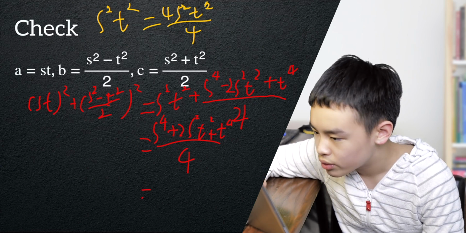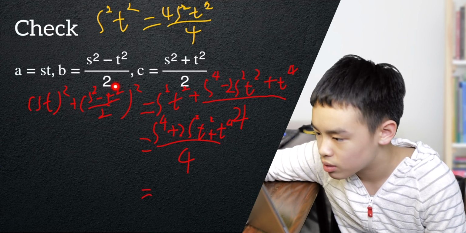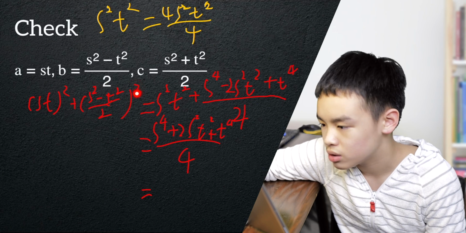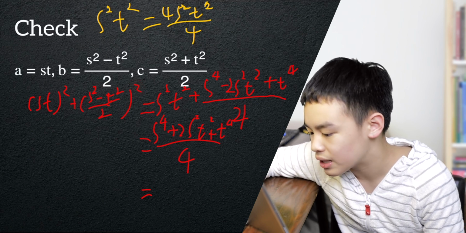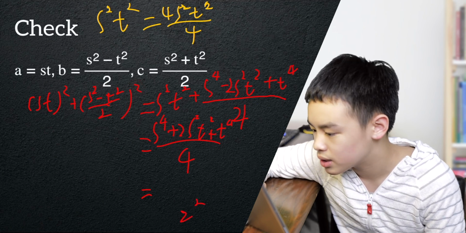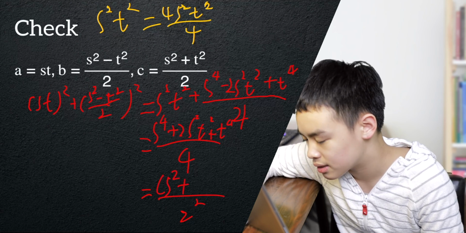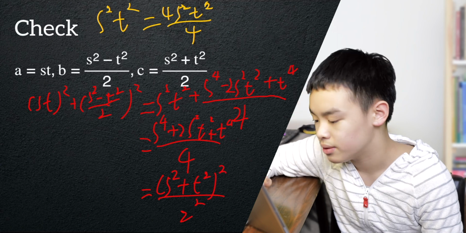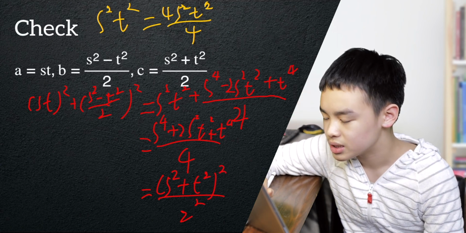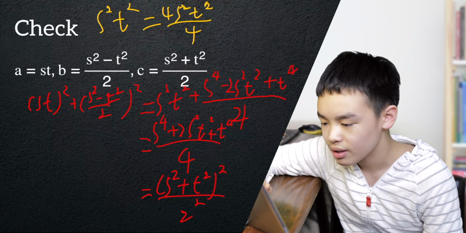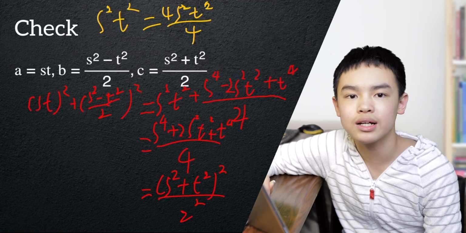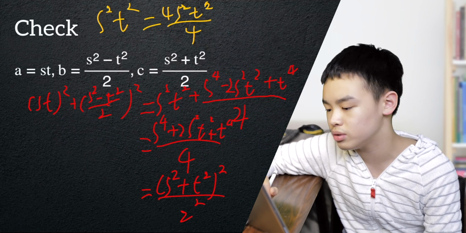Before, we could only write it as (S squared minus T squared) squared. Now we can write it as (S squared plus T squared) squared over 4. So this is basically C squared, and right now we're going to take the square root.